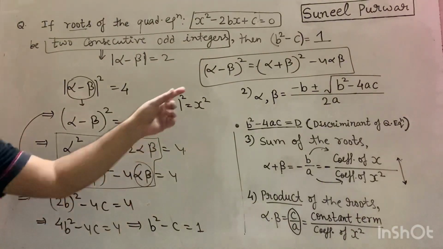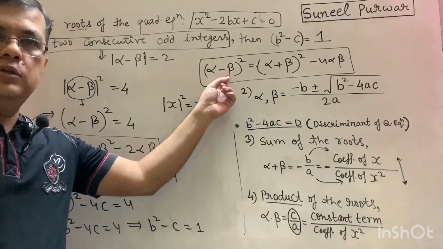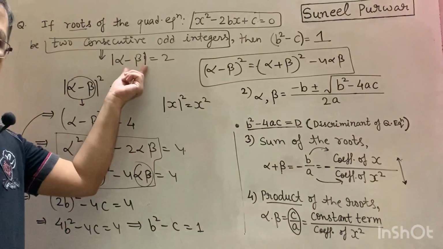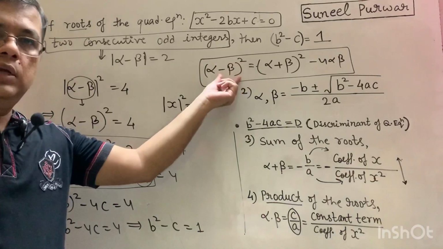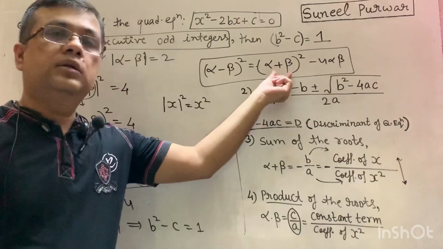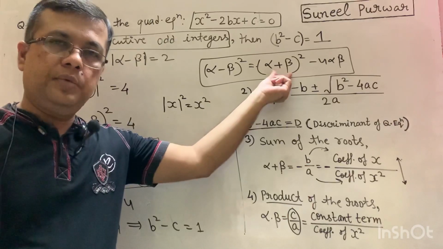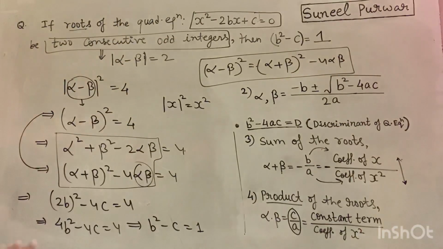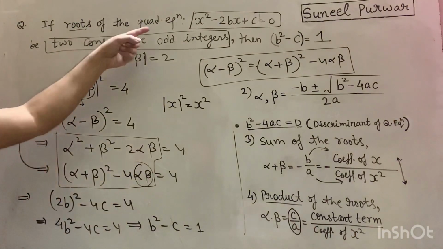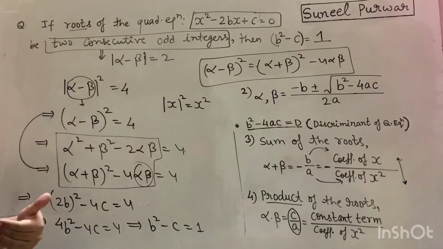Second, whenever a question talks about the difference of the roots, the square of the difference can be written using the sum of the roots, alpha plus beta, and the product of the roots, alpha into beta. These 2 things have been illustrated through this question, and they will be useful for other questions as well.